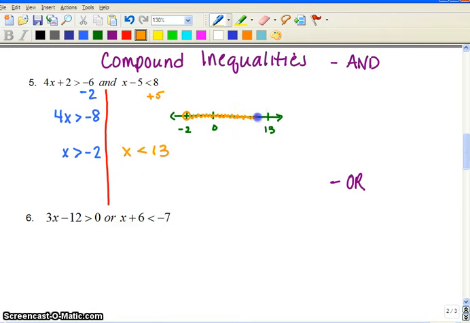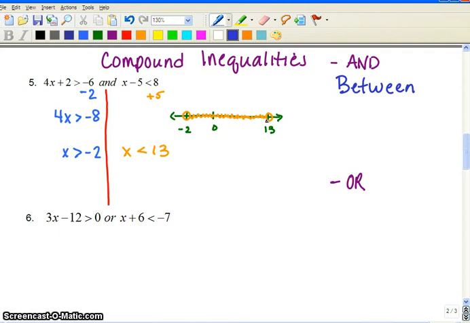So I can't pass 13. 13 would also get an open circle because it's not included. So to me, that says between. So over here under "and", I'm going to think about between as an important word for an "and" graph. Ands are usually in between. So this is a very typical "and" graph between two numbers. So it's like the inside of the graph.